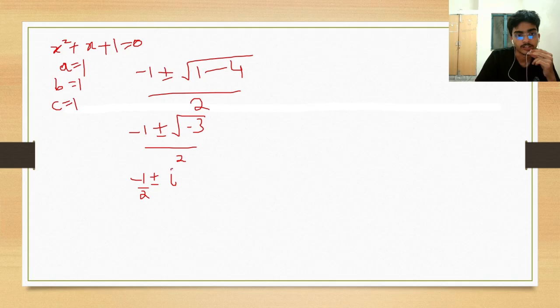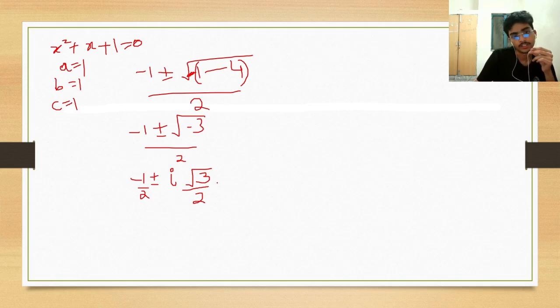We display an extra i, and we change the term inside the square root to minus d. So this minus 3 would become 3, like there is an extra minus sign included here. So this would be square root of 3 over 2. So now the roots are correct.